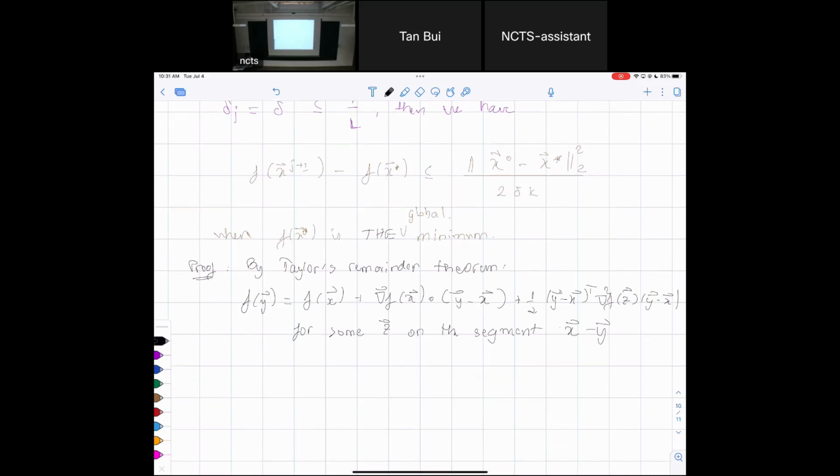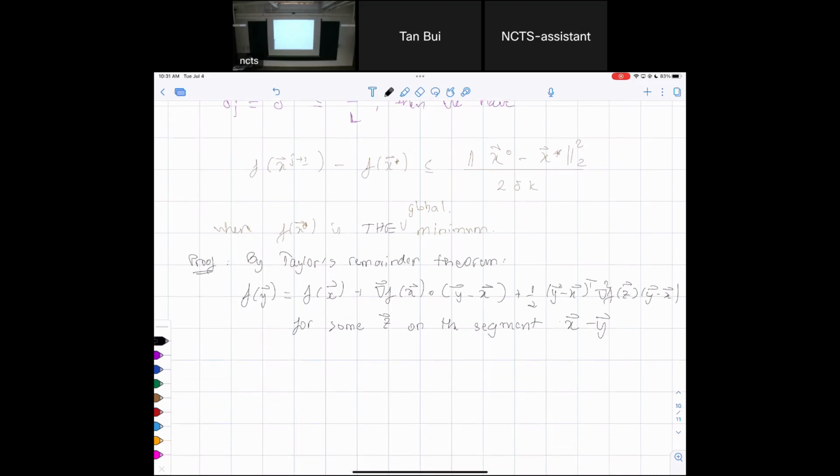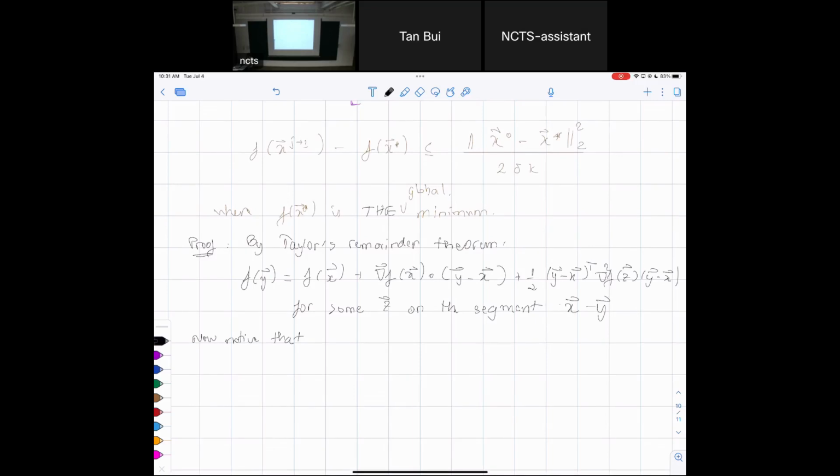Okay, now notice that I'm going to take the absolute value of this term. I'm going to focus on this term and bound it. Why am I looking at this one?